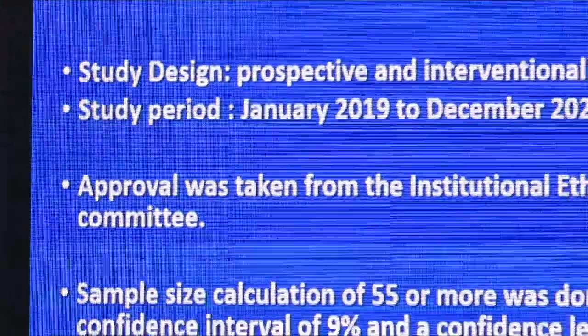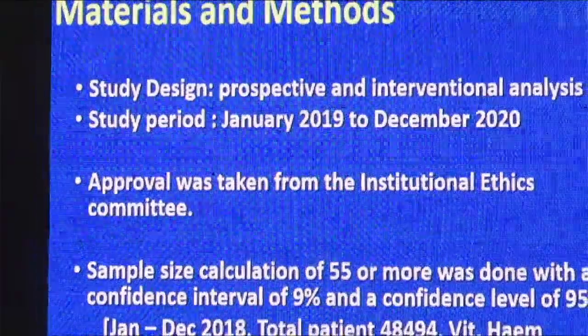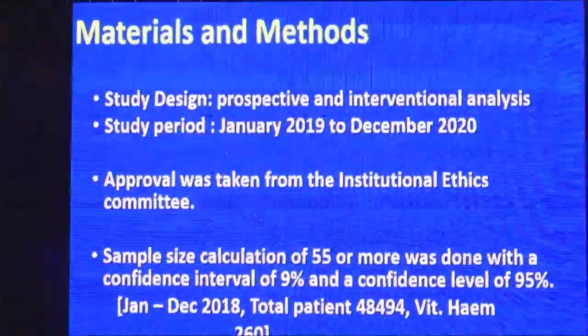So taking into account all these doubts, I have undertaken the study with the aim to find out the prevalence of non-resolving vitreous hemorrhage, to find out the etiological factors for non-resolving vitreous hemorrhage, and the outcome of treatment in the form of visual acuity, IOP, and any further required interventions. It's a prospective interventional analysis, and approval from the IEC was taken, and sample size calculation was done.